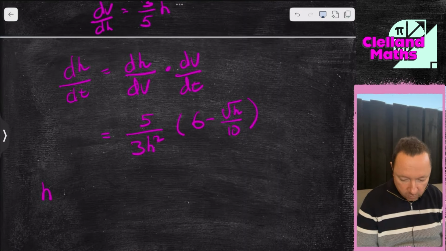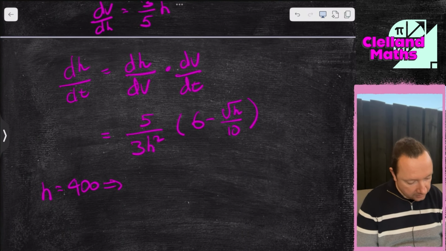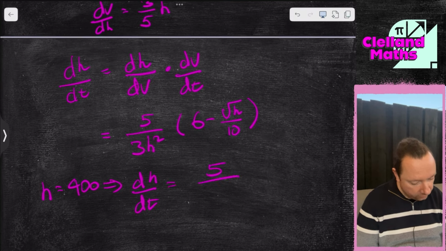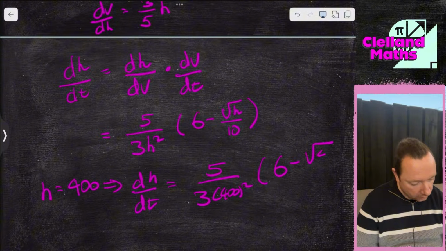Now, h is equal to 400, which implies that dh by dt is 5 over 3 times 400 squared times 6 minus the square root of 400 over 10.